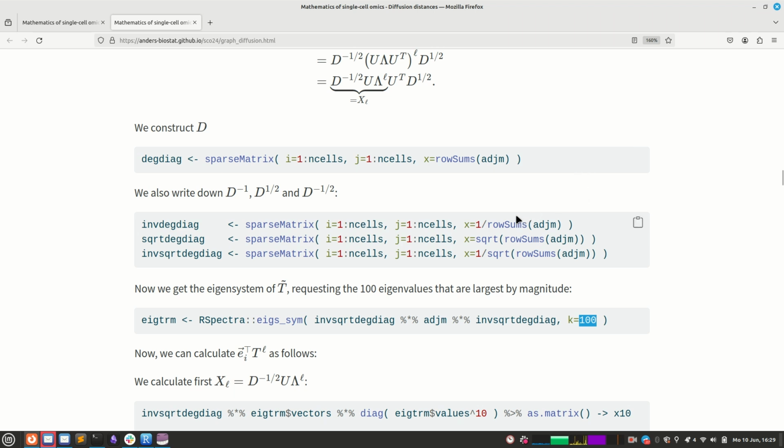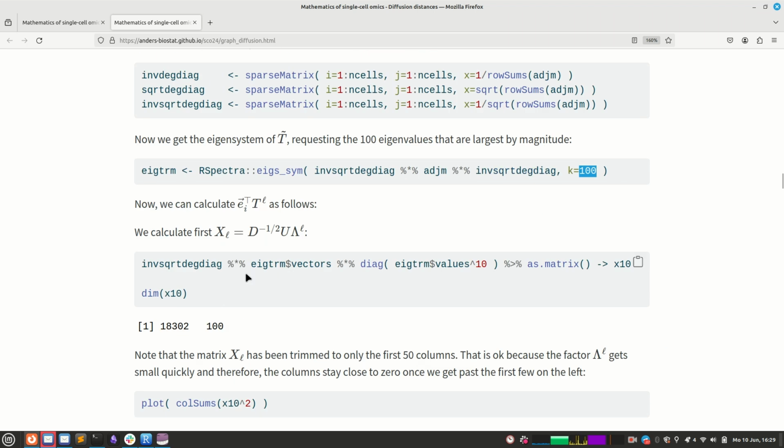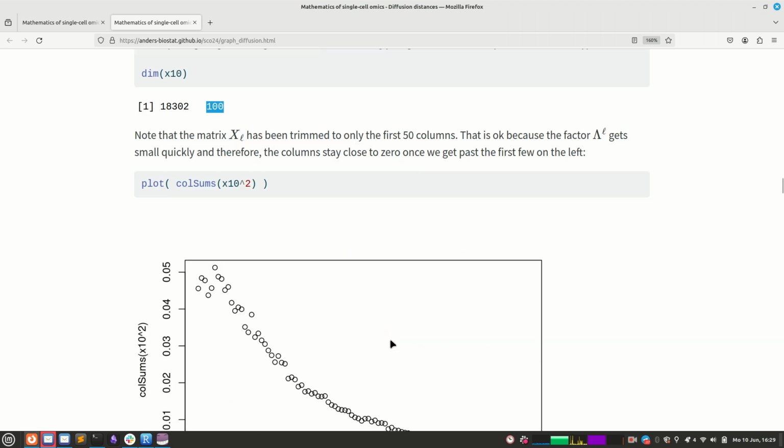And that's important because that can be done in a few seconds, but calculating all 18,000 eigenvalues would take hours. And hence, this matrix has 18,000 rows for the 18,000 cells, but only 100 columns.